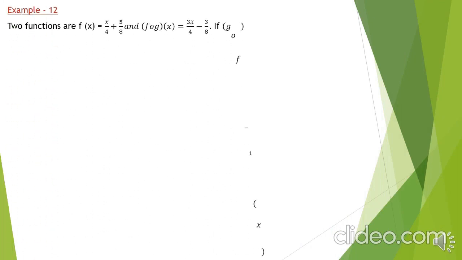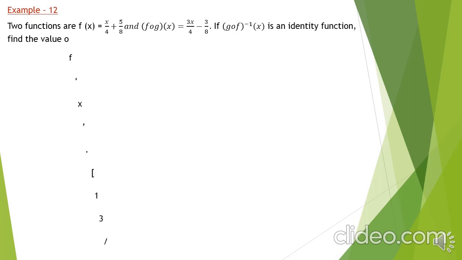Example 12, two functions fx and gx are given, is identity function and the value of x. Now it's some fractions, so we will simplify it. Solution, fx is equal to x by 4 upon 5 by 8. Now the LCM of 4 and 8 is 8.